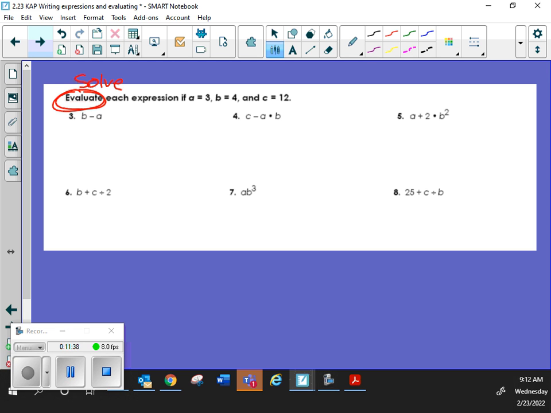Okay, so instead of B minus A, what is that going to read as? 4 minus 3. Before you even solve, go substitute for the rest of them. Ready, set, go. And just substitute. Y'all can go ahead and solve those. 12 minus 3. 3 plus 2.